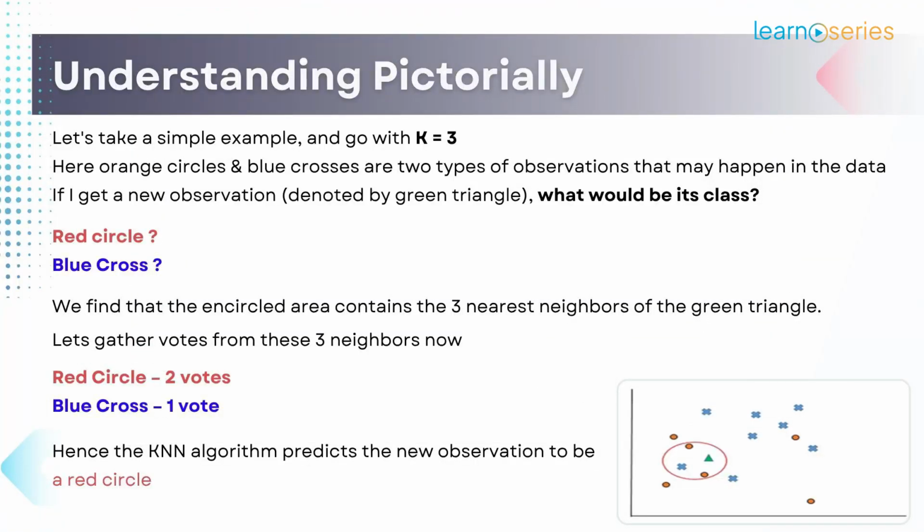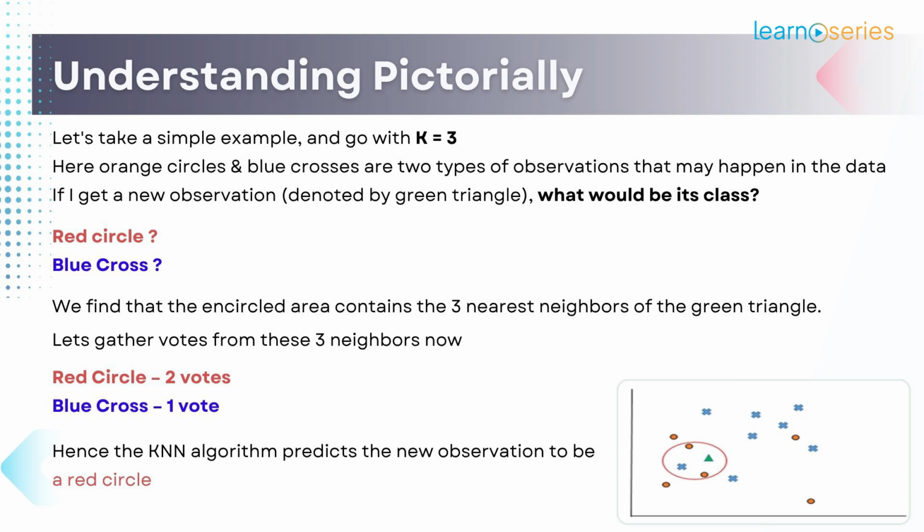Here the orange circles and blue crosses are 2 types of observation that may happen in the data, that is 0 or 1. If I get a new observation, that is the green triangle, what would be its class? What the nearest neighbor does is find that the encircled area contains the 3 nearest neighbors of the green triangle.